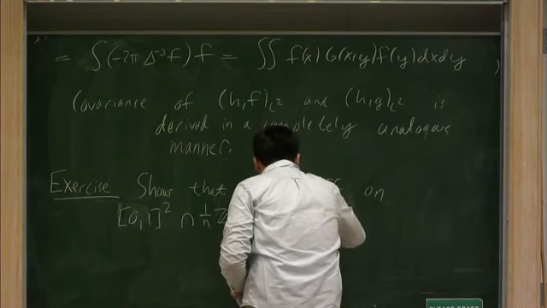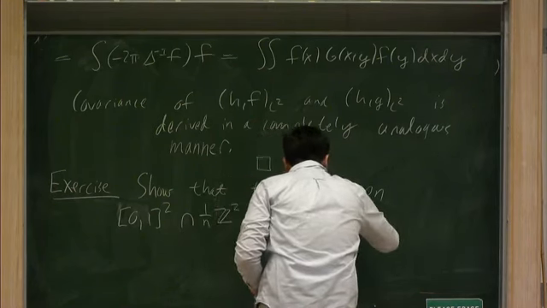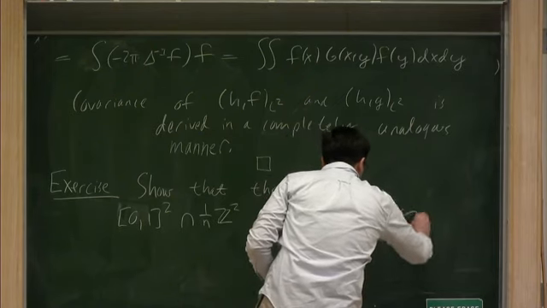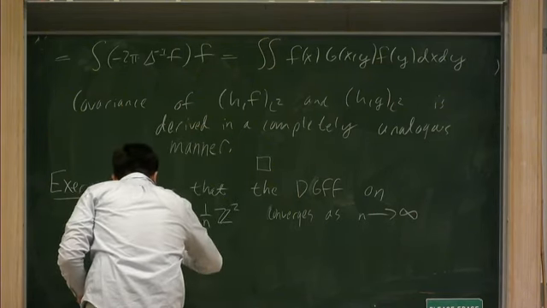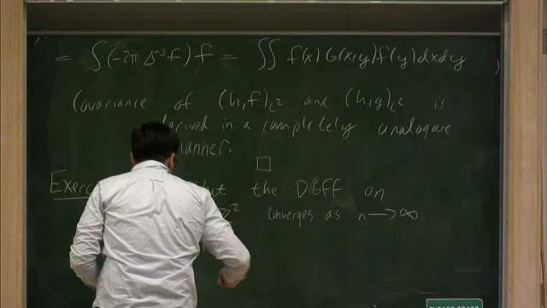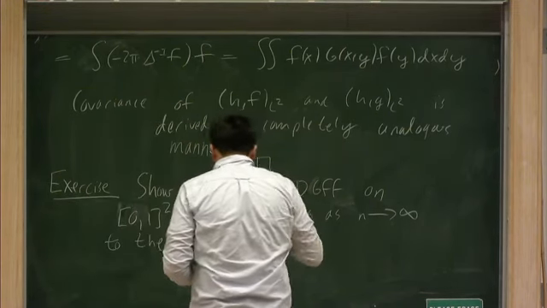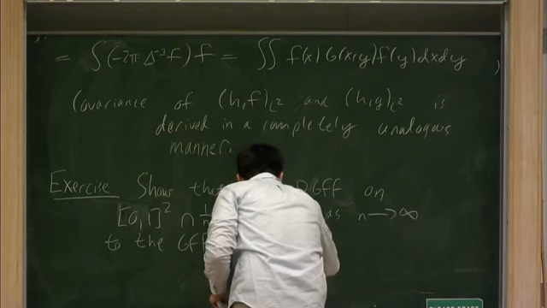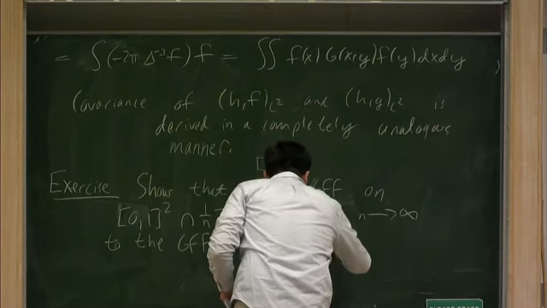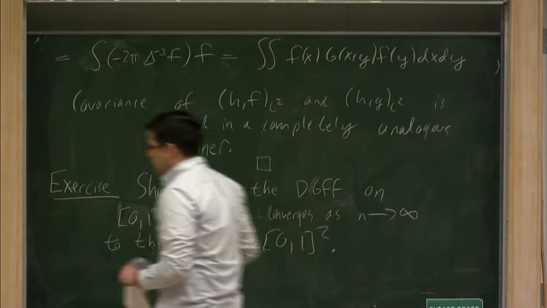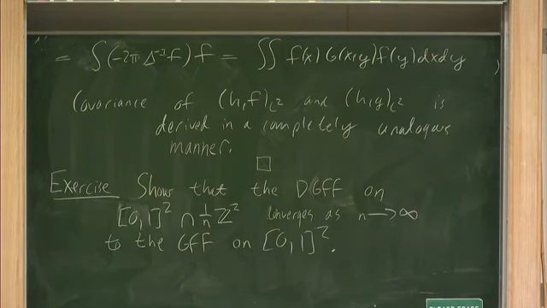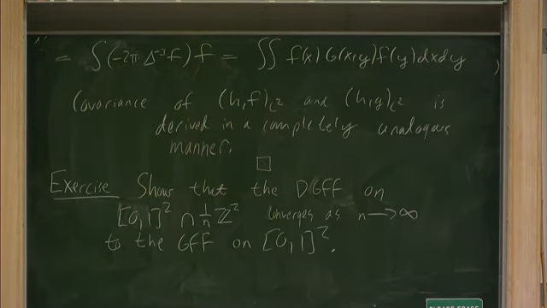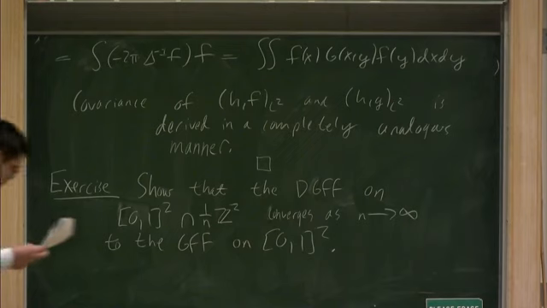converges, as n goes to infinity, to the Gaussian free field in the continuum, the one that we've just been working with, also on the unit square. This is a nice problem to think about because one way to do this uses a lot of the different things that we've discussed so far.